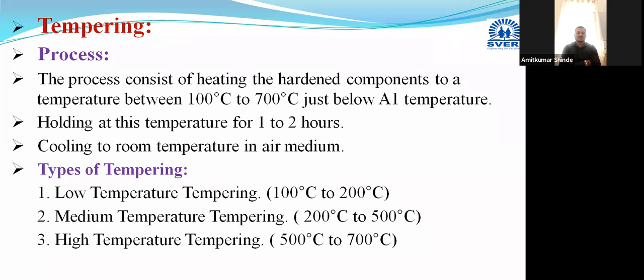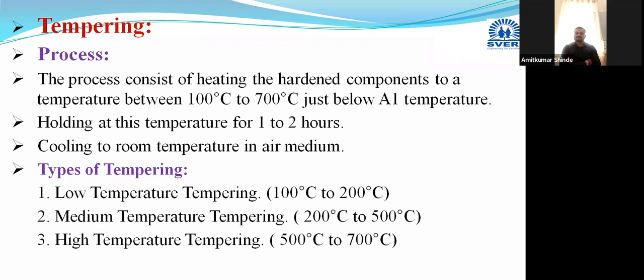But in case of tempering, very slow cooling is done, and generally this cooling is done in the air medium because we want to improve the ductility and eliminate the internal stresses. Hence it is cooled to room temperature in air, and after this the tempering process is completed.